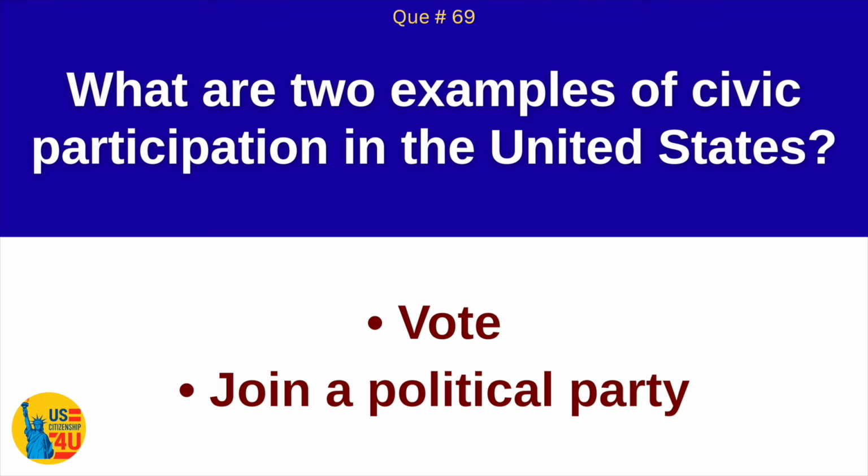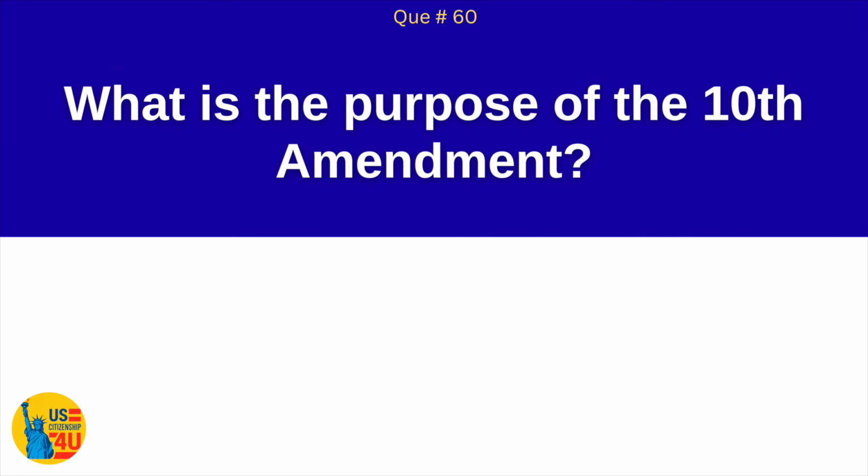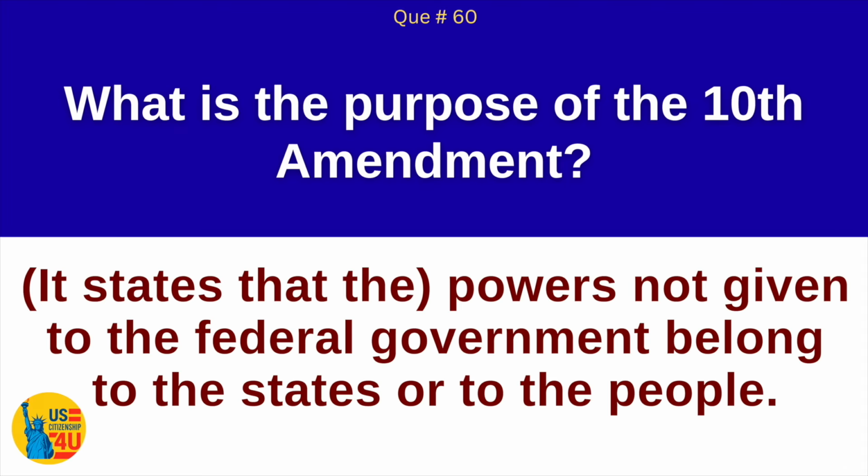Vote. Join a political party. What is the purpose of the 10th Amendment? It states that the powers not given to the federal government belong to the states or to the people.